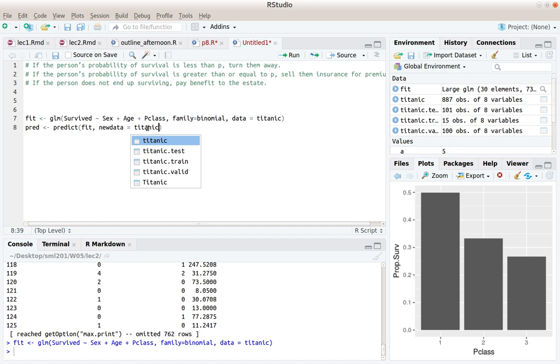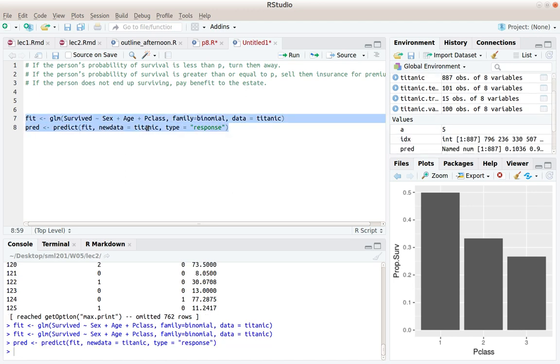So for now, we'll just do it on the training set with the knowledge that we'll be over optimistic about how well we'll do in terms of predicting survival. So new data Titanic, and we'll say type equals response, so that the predictions are probabilities. Make sure it runs. Great.